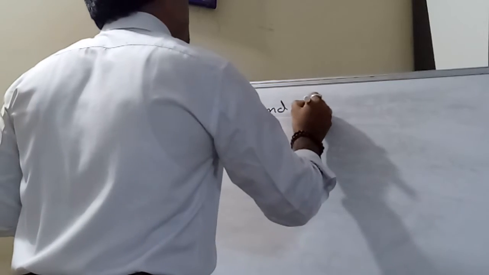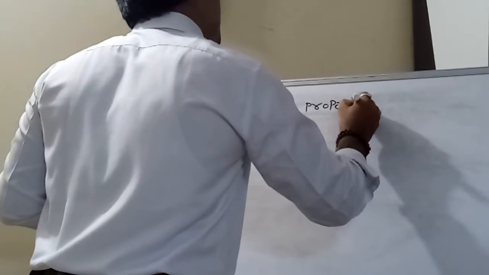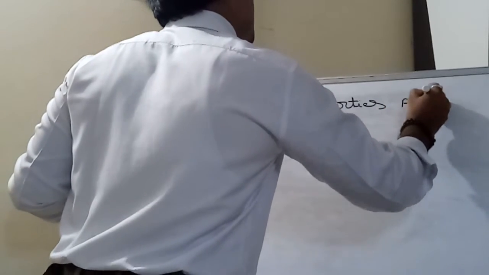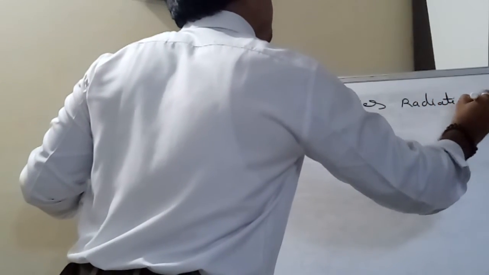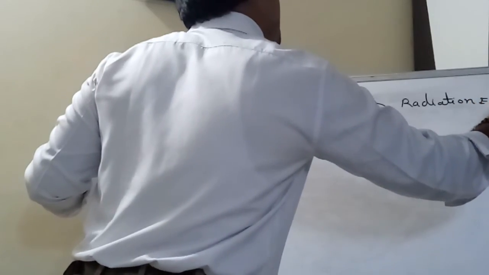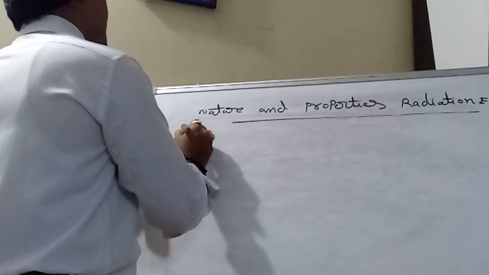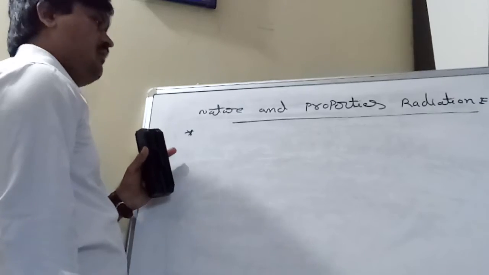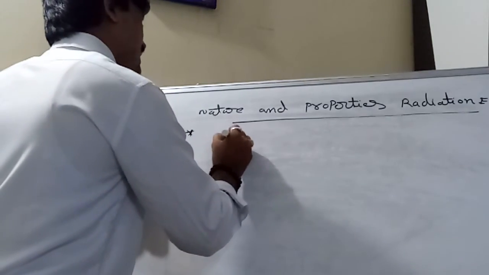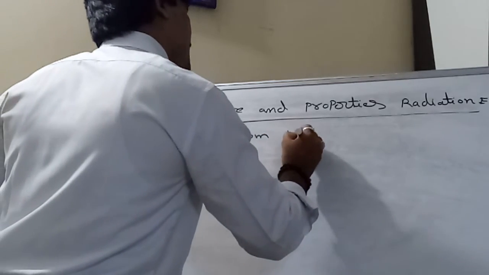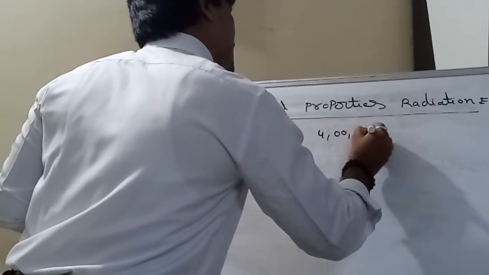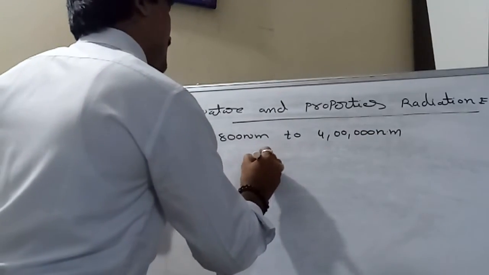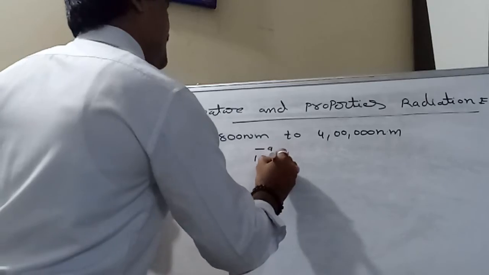Nature and properties. Radiation energy has a high wavelength, nearly 800 nanometer to 4 lakh nanometer. 1 nanometer is equal to 10 power minus 9 meters.